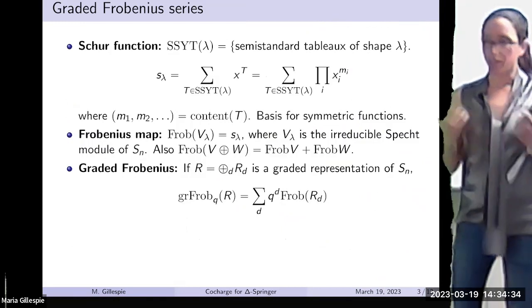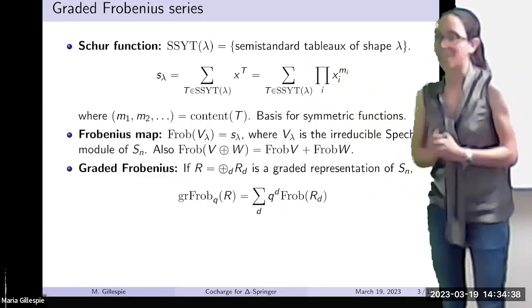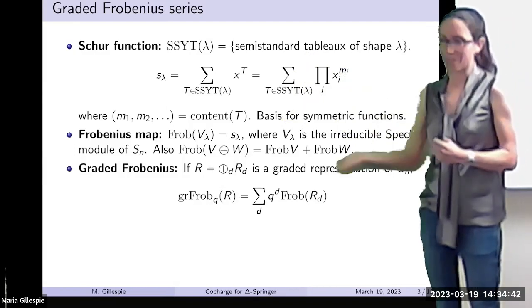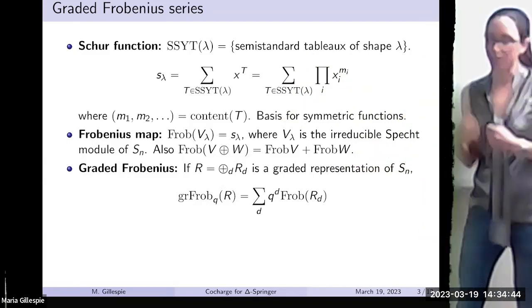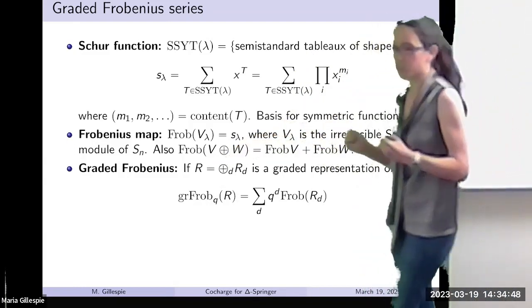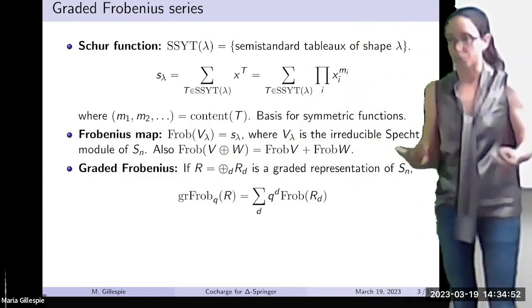And the Schur functions we all know, so I'm going to just skip over this definition. They've been mentioned quite enough times in this session already. The Frobenius map is the one that sends an irreducible representation V lambda of the symmetric group to the Schur function S lambda. And then it's additive across direct sums.